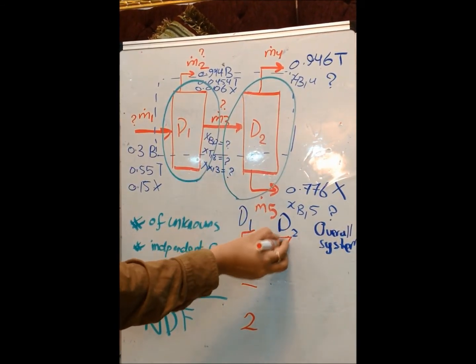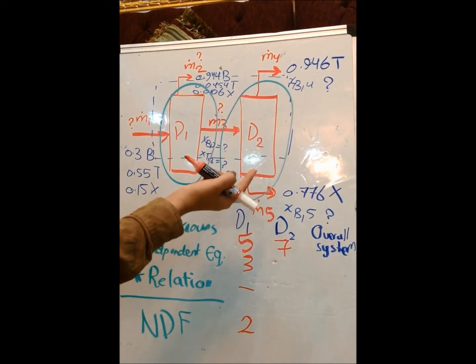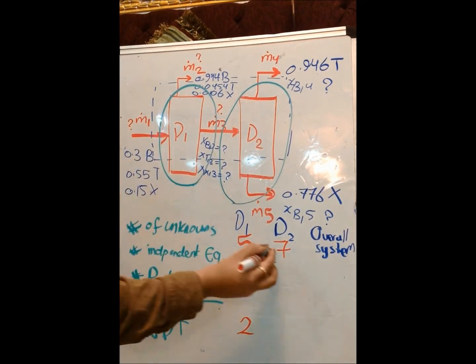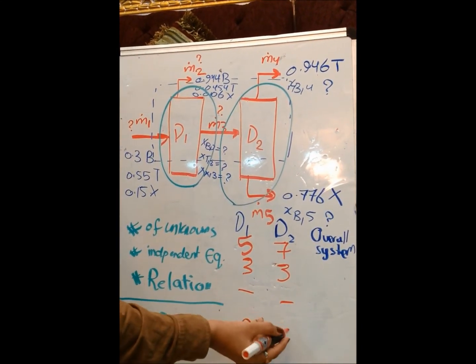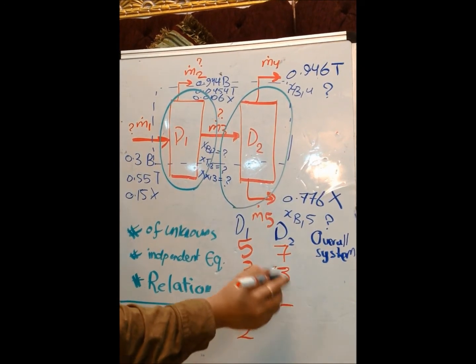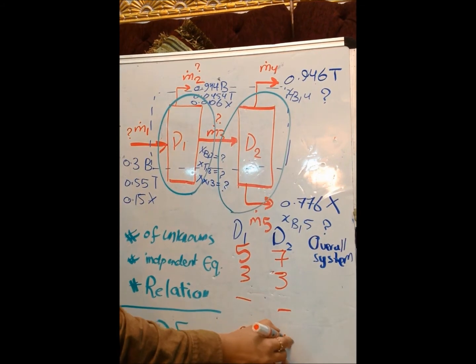So we have 7 unknowns, and the number of independent equations equals the number of components, which is 3, and we don't have any relation here either, so we'll be left with 7 minus 3, which equals 4.